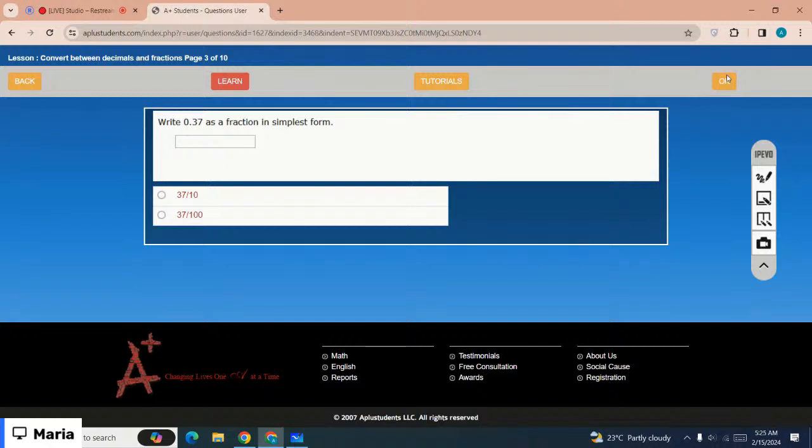The correct option is 37 over 100, right? Because you have two decimal places right after the decimal, so you need to add two zeros, that is 37 over 100. Got it? 37 over 100.